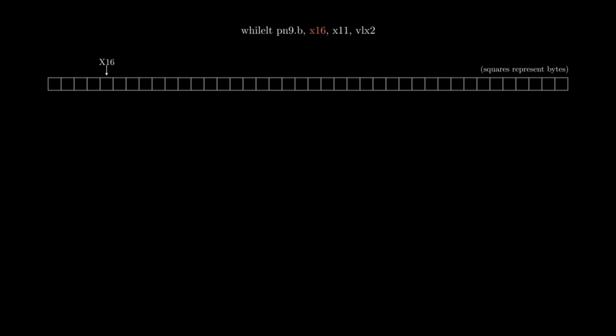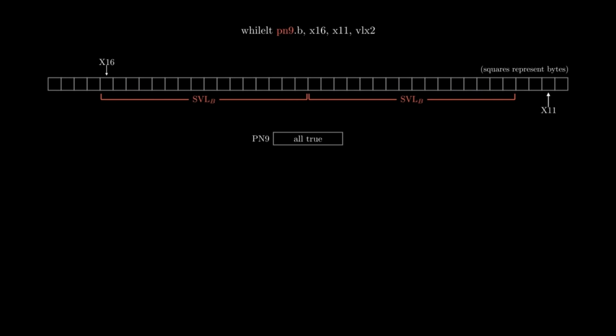To generate the predicates, we'll use the while lt instruction, which starts at the first operand, x16 in this example, and identifies all values less than the second operand, x11, within 2 tiles of byte-sized elements. Here, x11 is greater than x16 by more than 2 tiles, so the destination register, PN9, is set to a special value that signifies all true.